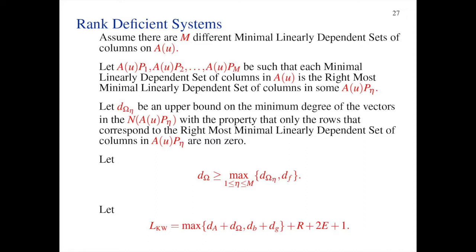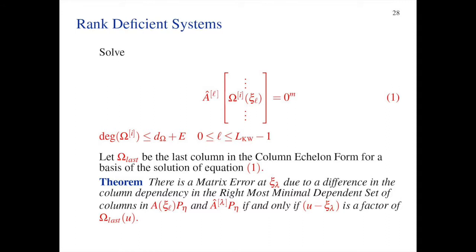And I want to pick all my points in the beginning that I'm going to request from the black box. So when you solve this large linear system in the coefficients, or here in omega, just consider these null space vectors, right? I'll get the coefficients of polynomials, and then I can convert those to actual polynomials in U. And what we show is that if there was a matrix error, then it will show up as a common factor in that last column.